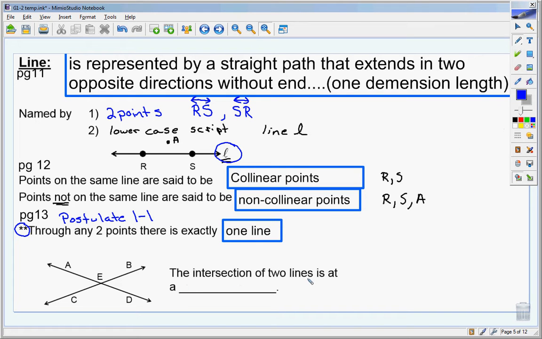The intersection of 2 lines is always going to be a point. And in the picture that was drawn up here, in fact, the intersection of the 2 lines would be point E.